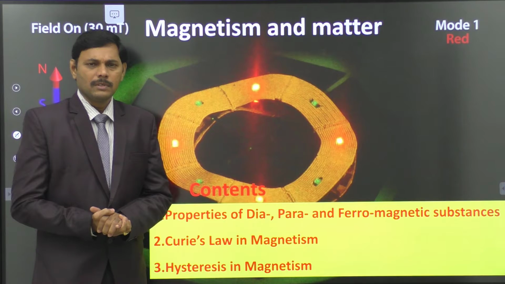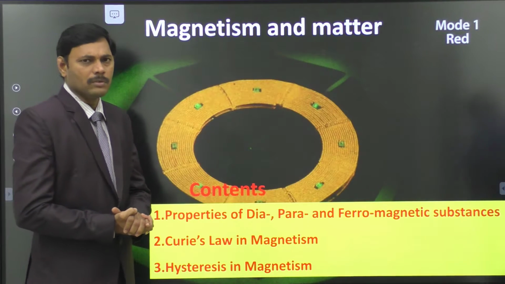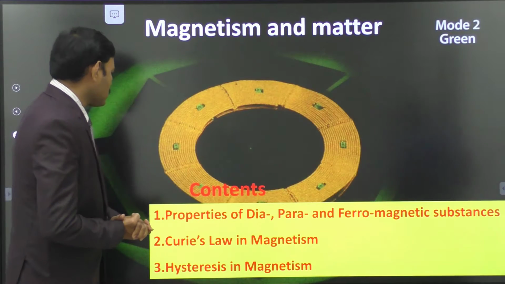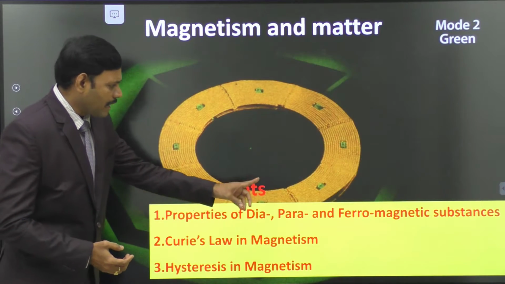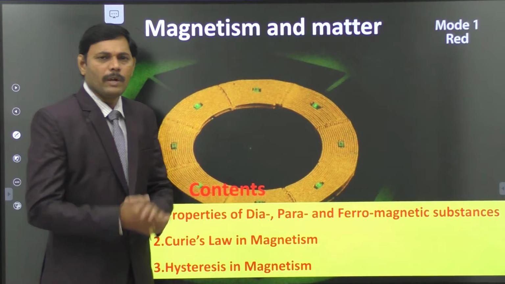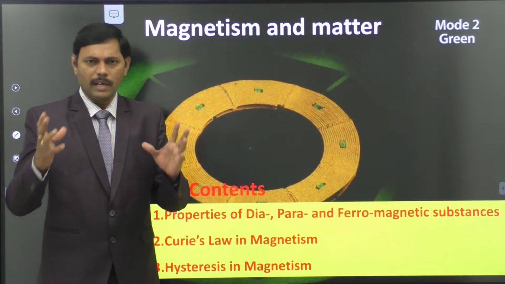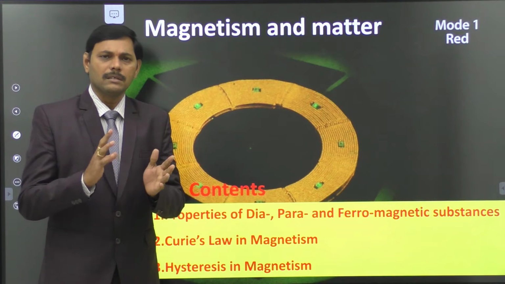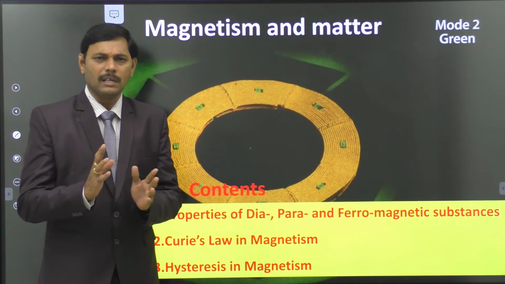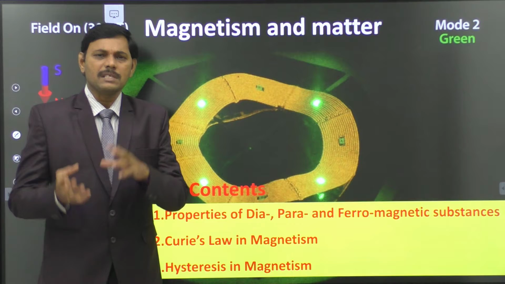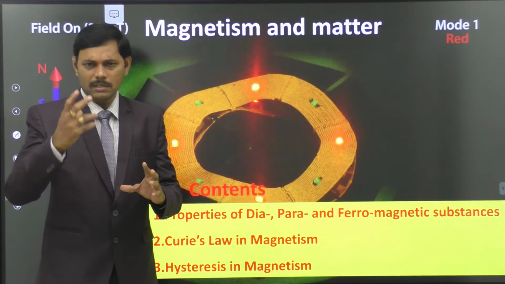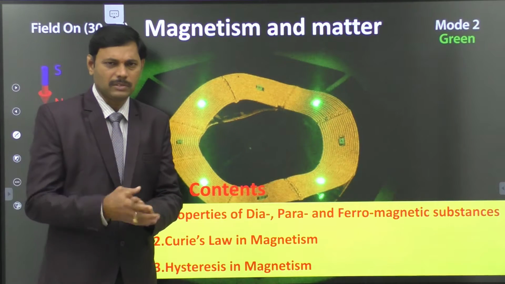magnetism. So in this video, we are going to talk about the properties of dia, para and ferromagnetic substances. We have different substances available, like iron, cobalt, nickel, aluminum, copper, oxygen. These substances show their magnetic property in different ways.